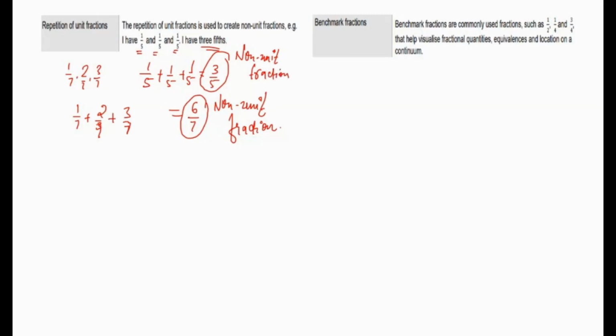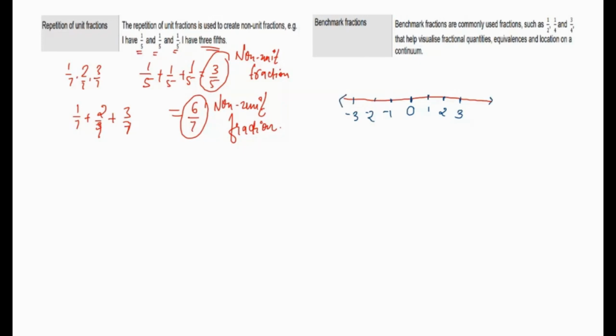If I take you to the benchmark fraction, let us change the color. Let us take a point 0 here and take 1, 2, 3, and -1, -2, -3. This is the number line which you used for integers.